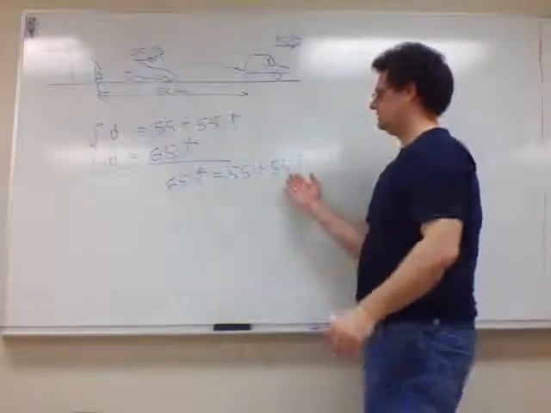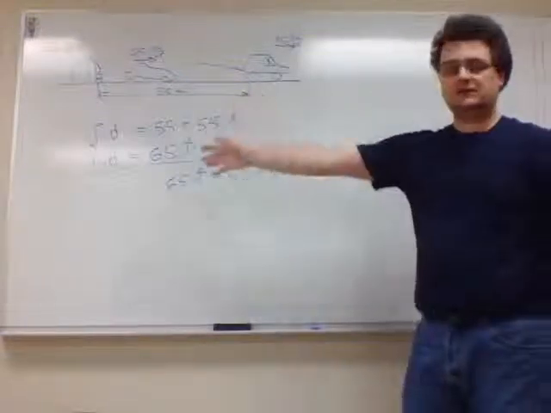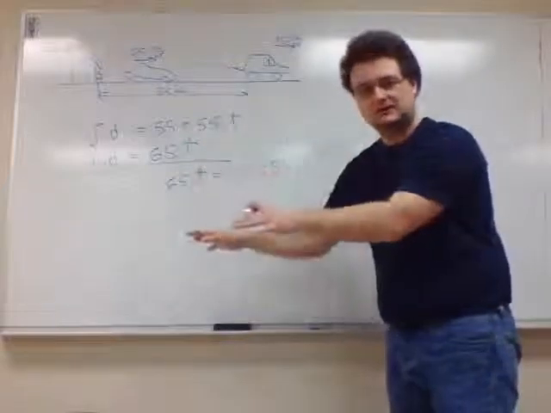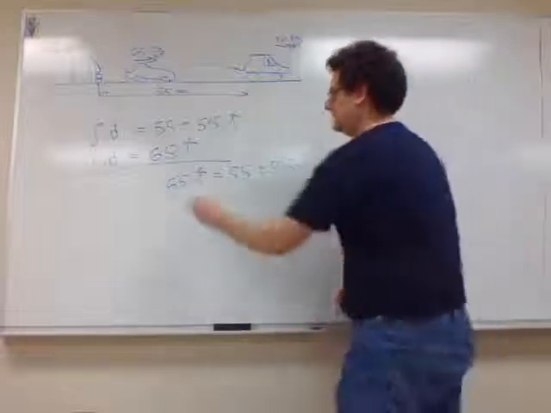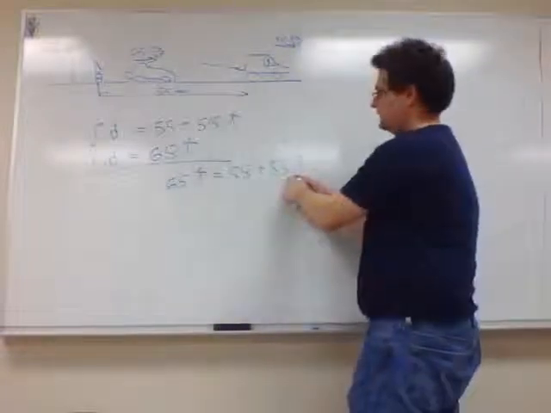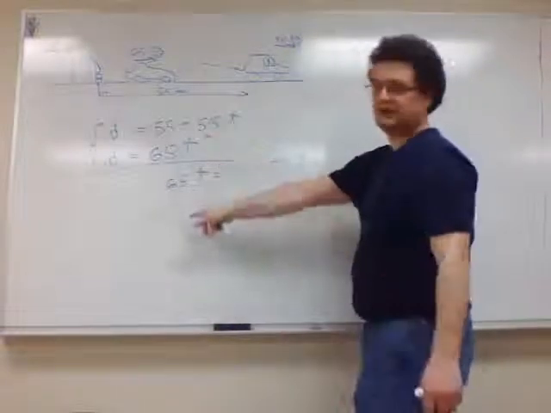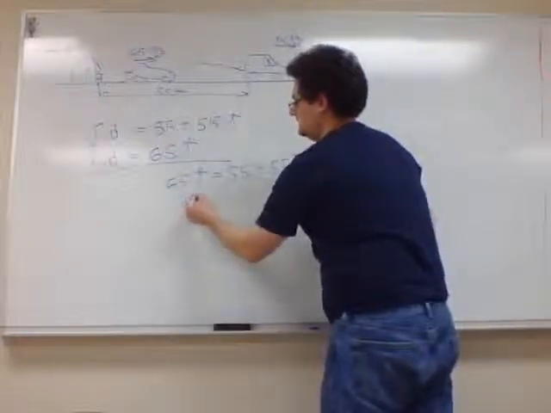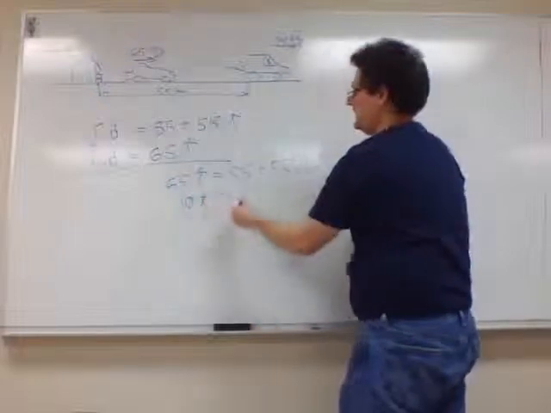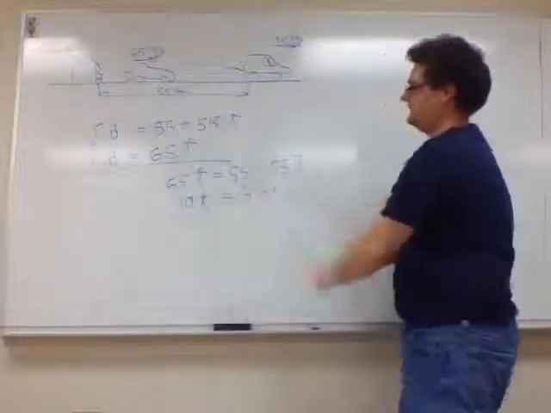We can move 55t to the left, so you have only t's on the left, and the rest is on the right. When you move 55t to the left, you will have 65t minus 55t, which is 10t, and that should be 55.